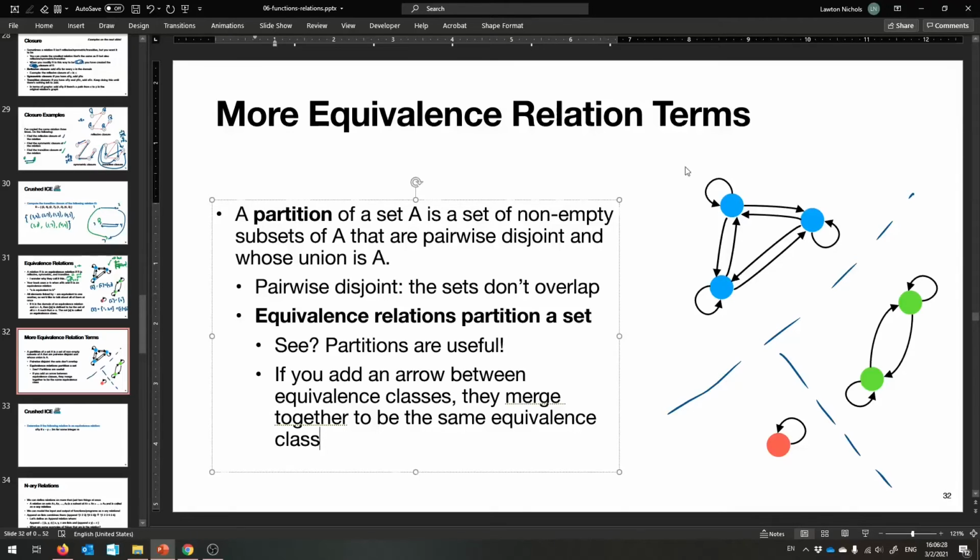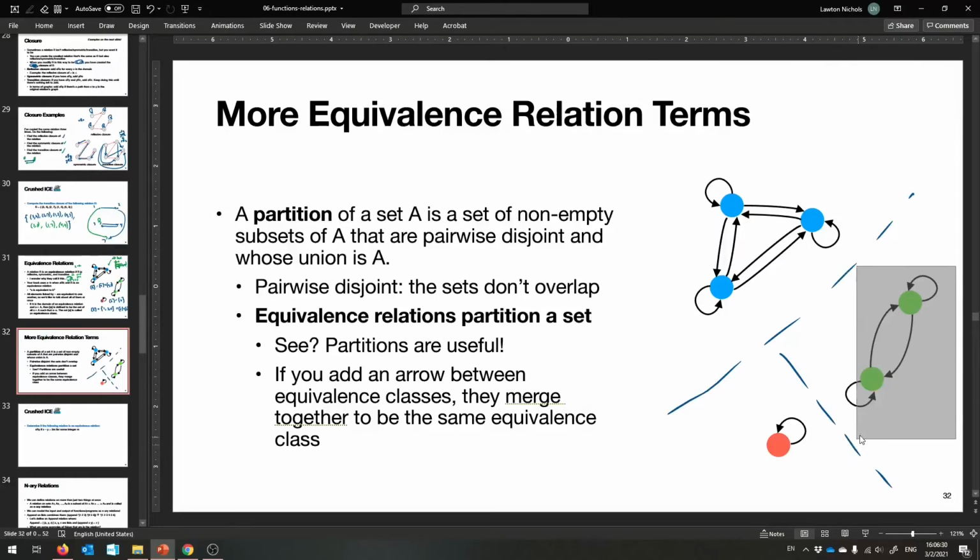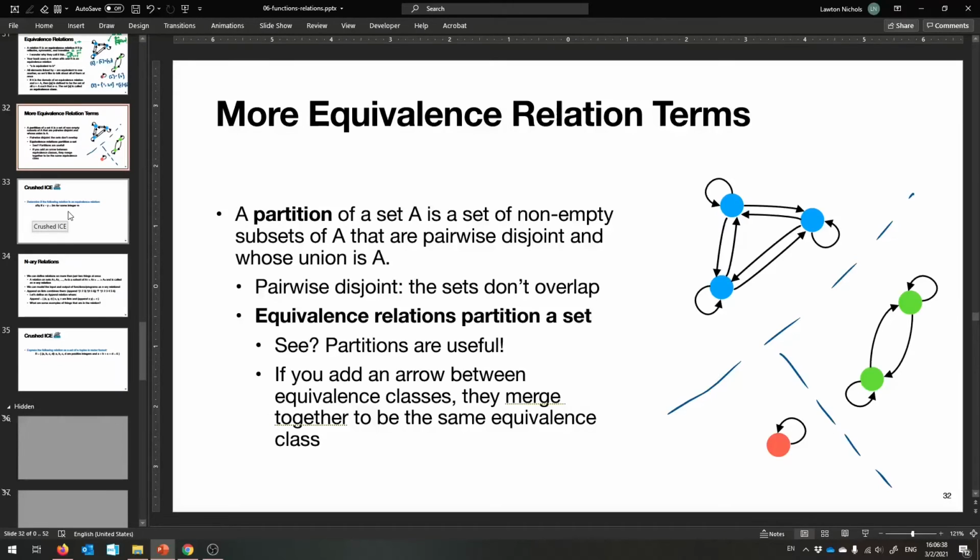So this is the blue equivalence class. This is the green equivalence class. This is the red equivalence class. They don't touch each other. They're not related. They don't speak. Okay? It's unfortunate, but that's how it's working.